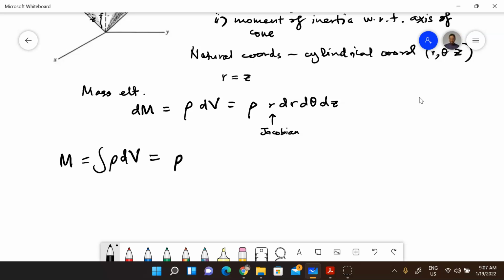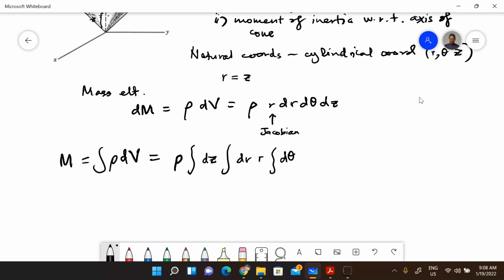Let me just put all the integrals first. So you have your dz, your dr, and then from the Jacobian we have to put r here, and then here we have d theta. So let's look at what the limits are for this.